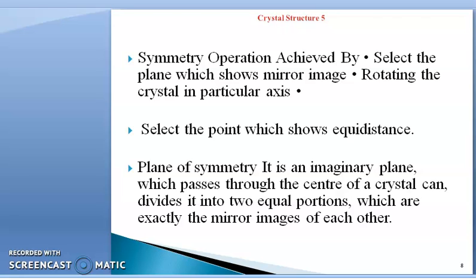Some symmetry operations are achieved by selecting the planes which show mirror images, or rotating the crystal about a particular axis.